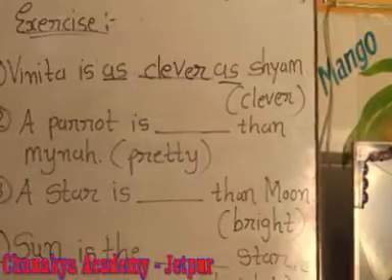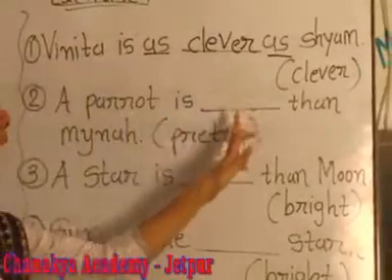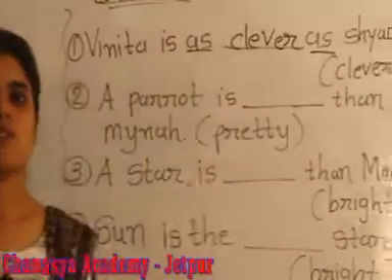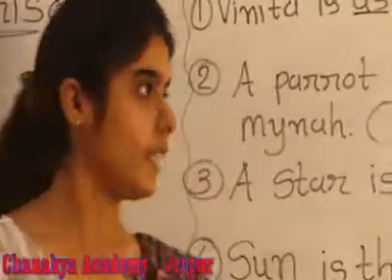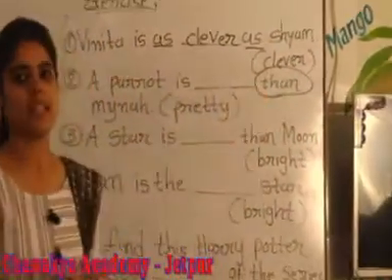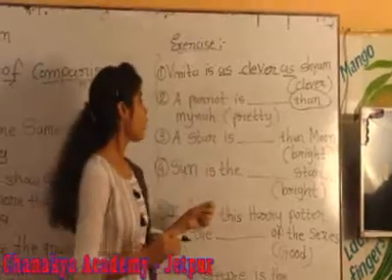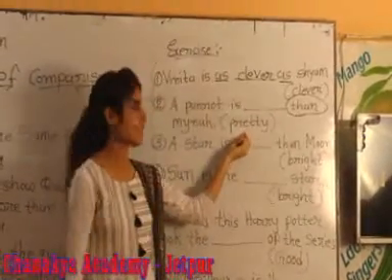Now our second question is, a parrot is blank than Maina. First of all, we have to identify the degree. As than is used after the blank, it is clearly the comparative degree. So we have to use the comparative form of the adjective.